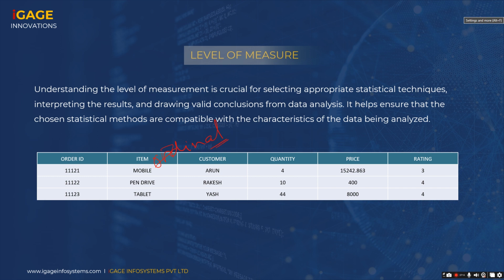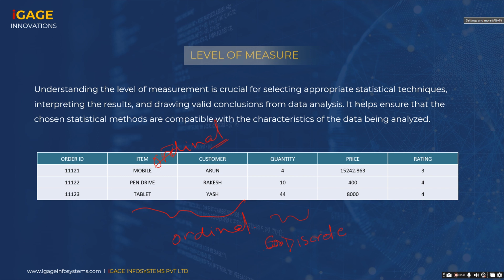They are labeled with mobile, pen drive, and tablet. Customer name is also nominal, I think these two are nominal in nature. Then we have quantity. Quantity has a finite number of values, so it is discrete.